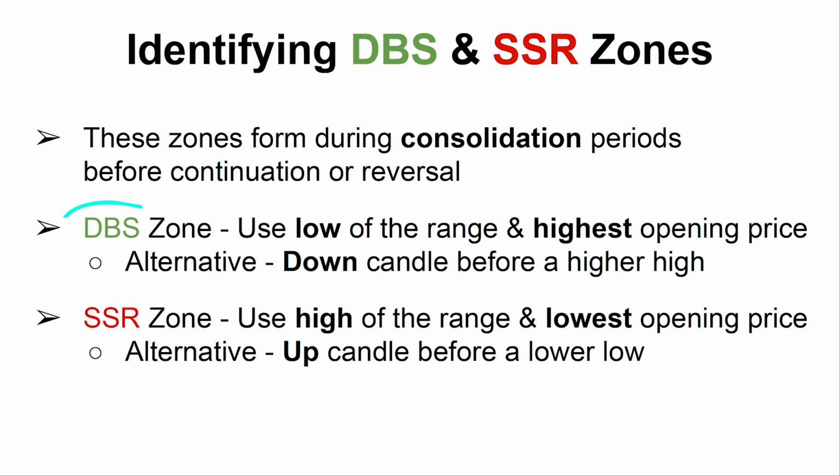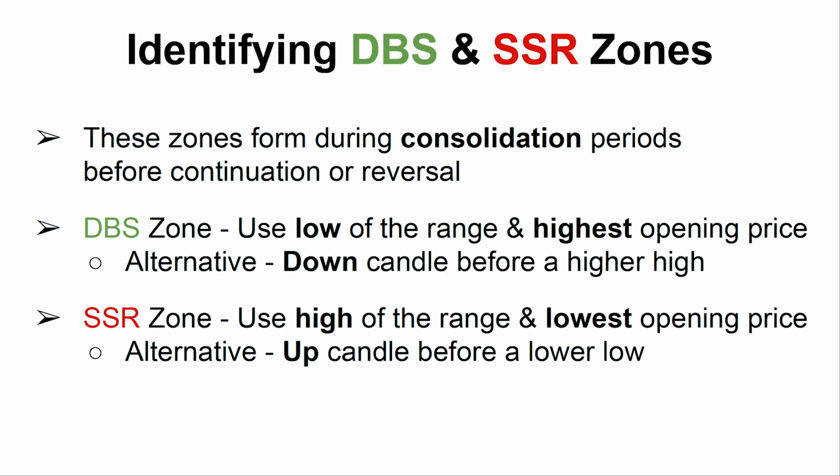Now, a DBS zone will be defined using the low of the range, including wicks, all the way up to the highest opening price. Alternatively, a DBS zone can also be made up of a single significant down candle before a higher high in an uptrend.